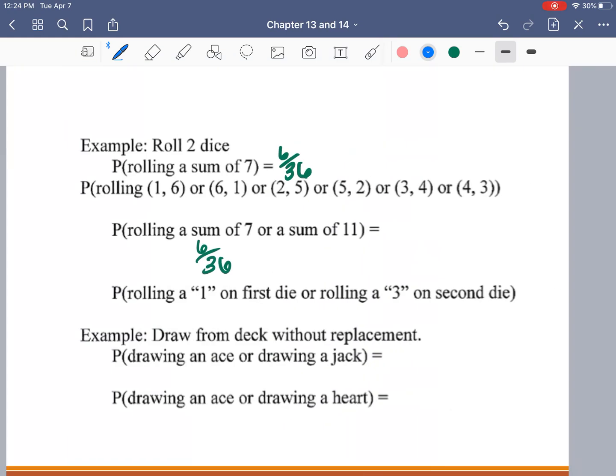So that's a 2 out of 36 options. So to get a 7 or an 11, we have 6 options plus another 2 options. Makes a total of 8 out of 36 options. And you can go back and count that if you want. We circled 6 in green, 2 in blue, so there were a total of 8.